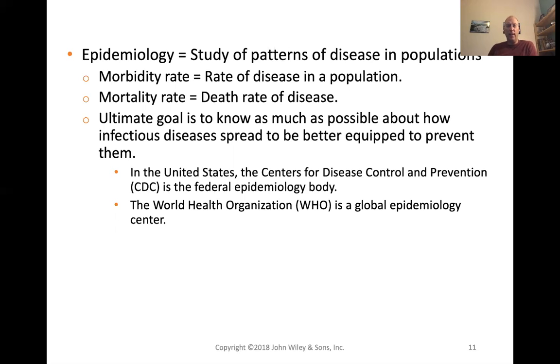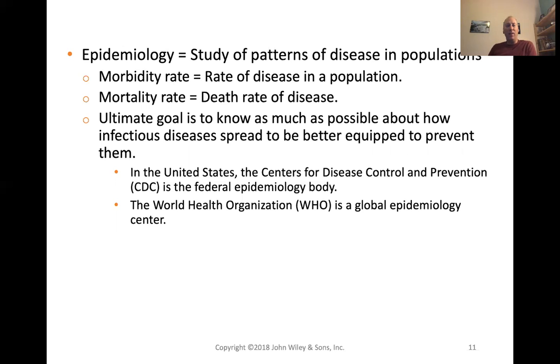So a couple of terms that I want you to remember. Morbidity is the rate of disease or illness in a population. So, for example, how many people are infected with COVID-19 in Santa Clara County? Well, I should qualify that.